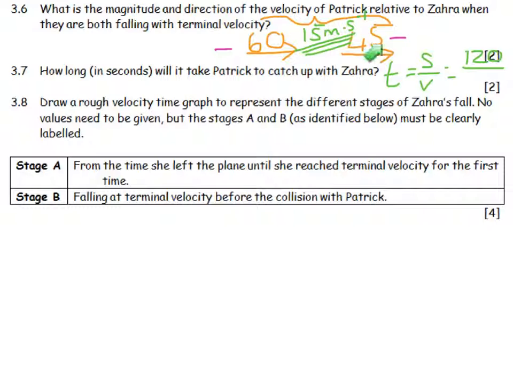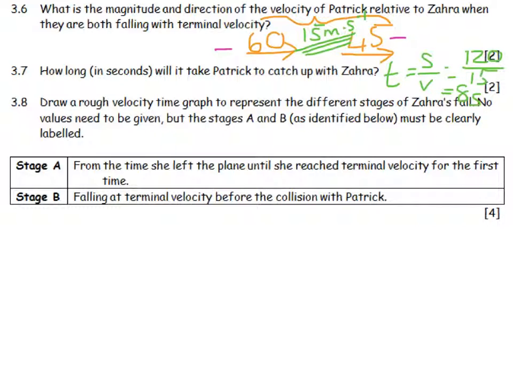And because they are terminal velocities, there are no accelerations. If there is no acceleration, I may simply use the time is displacement divided by velocity, or velocity is displacement divided by time. I can use the simple triangle when I have no acceleration. The approaching velocity is 15, and therefore I land up with 8 seconds.